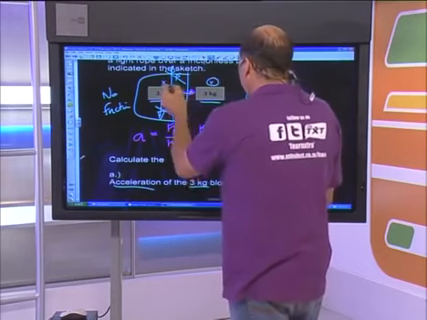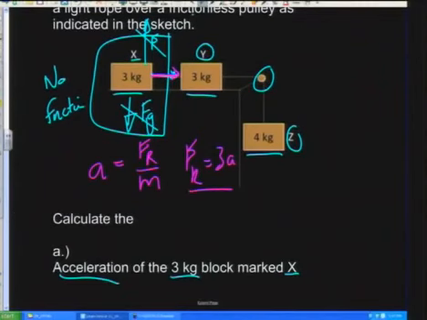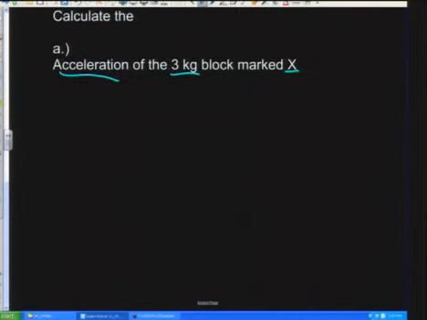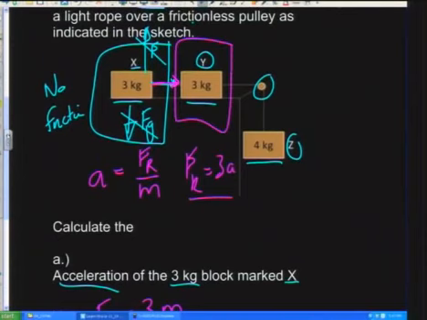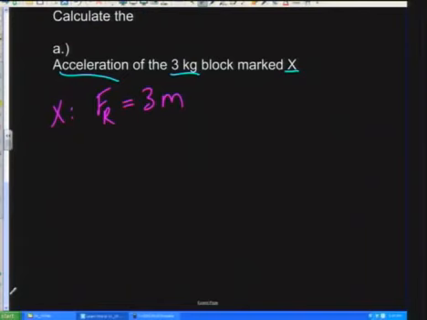So for the 3 kilogram block marked X, we only know at the moment the resultant force. There are different ways of doing it, and I'm going to make sure that we look at it separately. The first statement is about block X: the resultant force on block X is equal to 3 times its acceleration. Now, what about Y? On Y, we've got a pull that way and a pull that way.